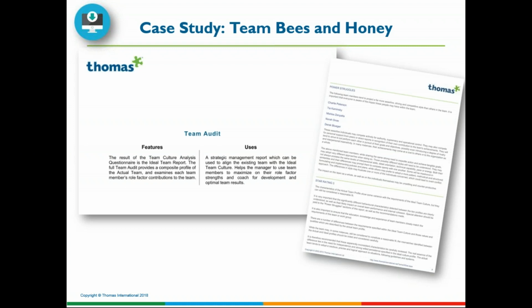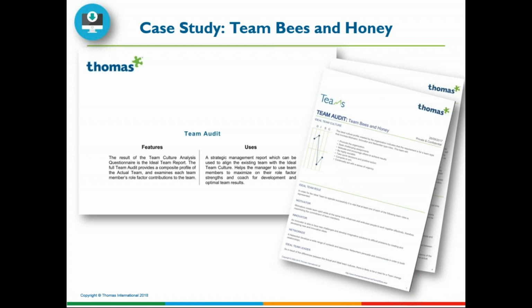We're going to continue on with the use of the case study. So we're going to look at the 3 areas of trust building situations with the Bees and Honey agency. The team audit report that you received is created by combining all of the Graph 3 working strengths from all of the members. So if you look at the case study, you'll see that there is Nora, Mishka, Derek, Charlie, Fleur, Tony, Tia, and Bud. Their working strengths are the things that they have above the midline, so they are used to combine together to create the team profile.